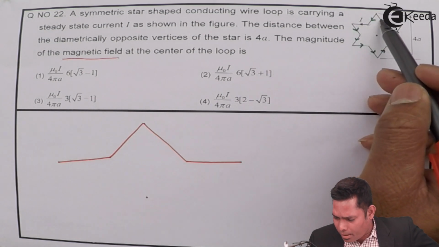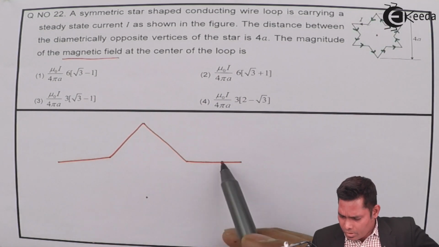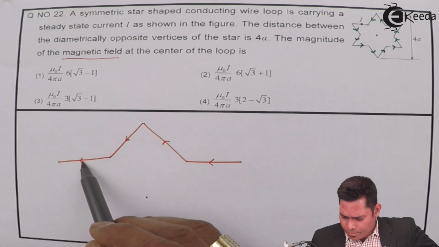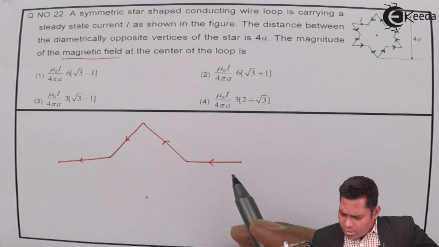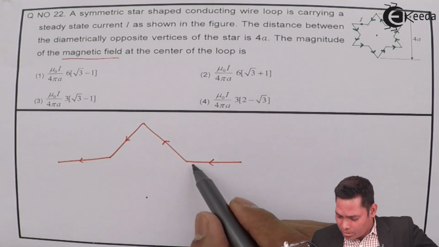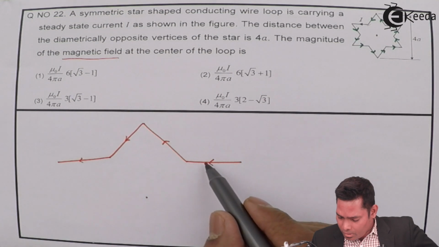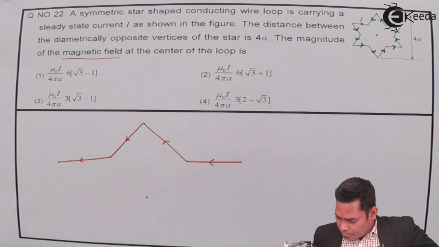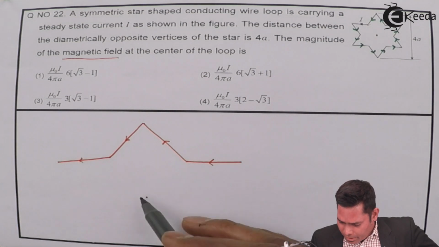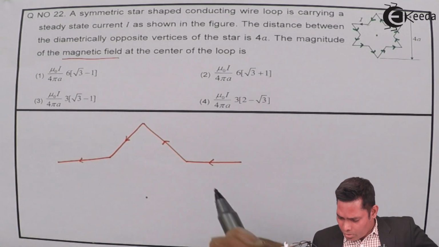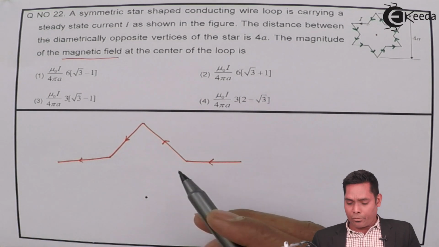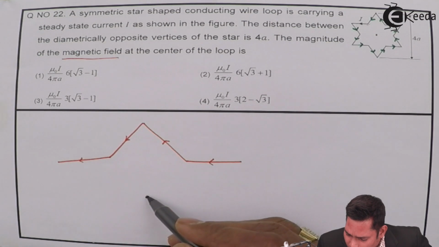I'm drawing only this part over here. The current is like that. I want the contribution by any one part of the conductor, this one. What is the contribution of this part of the conductor to the magnetic field at this point?